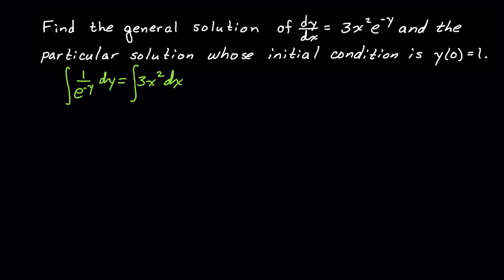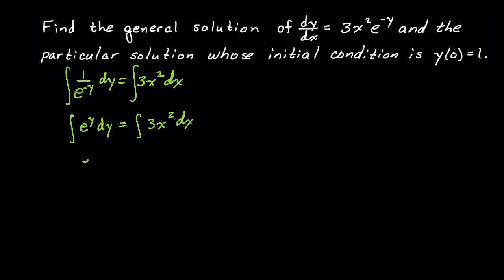Now, before taking the integral of the left side, I'm going to change 1 over e to the negative y to e to the y. That'll just make things easier because the negative exponent tells us to move that to the numerator.